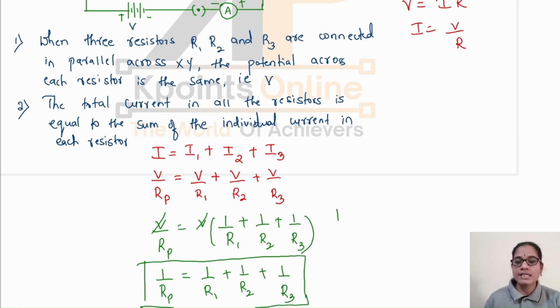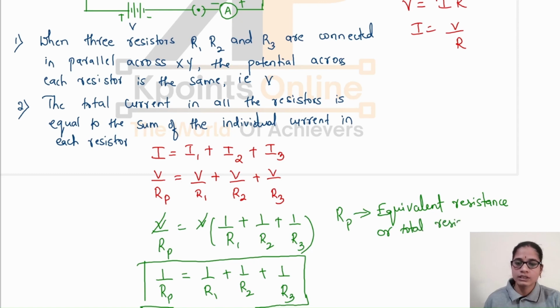So this Rp is the equivalent resistance, or total resistance, of the system of resistors connected in parallel.